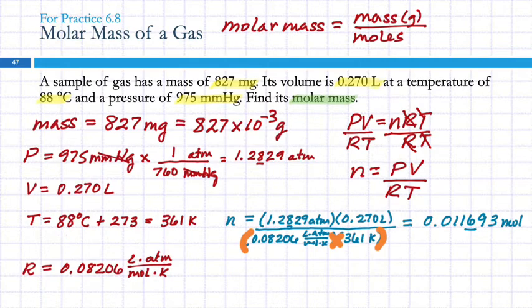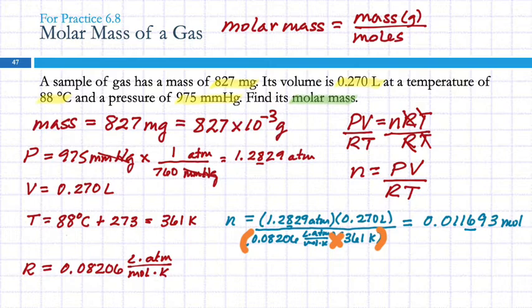But we have less than a liter of gas. At STP, 1 mole of gas would be 22 liters. So this is not at STP, but it's not terribly far from that. So if we've got less than a liter, we're expecting much less than a mole of gas.